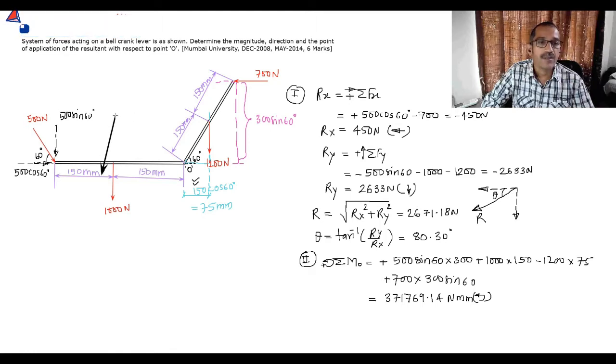If I represent it on the left side, the moment of the resultant is anti-clockwise. If we try the right side, the same resultant gives a clockwise moment. That means a location on the right side is not possible. The location is on the left side.